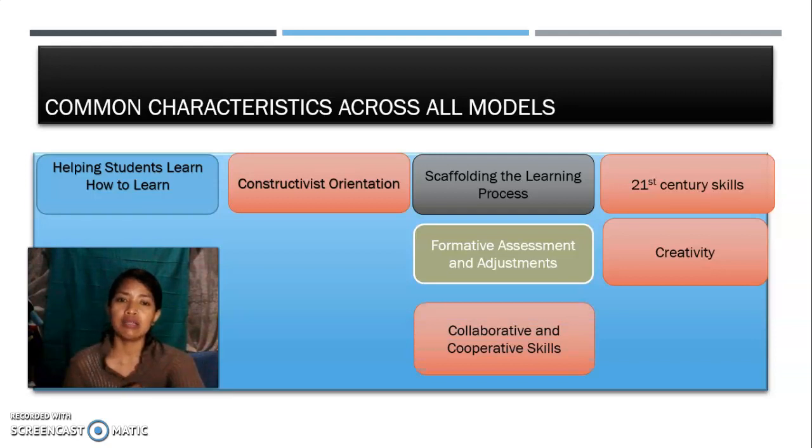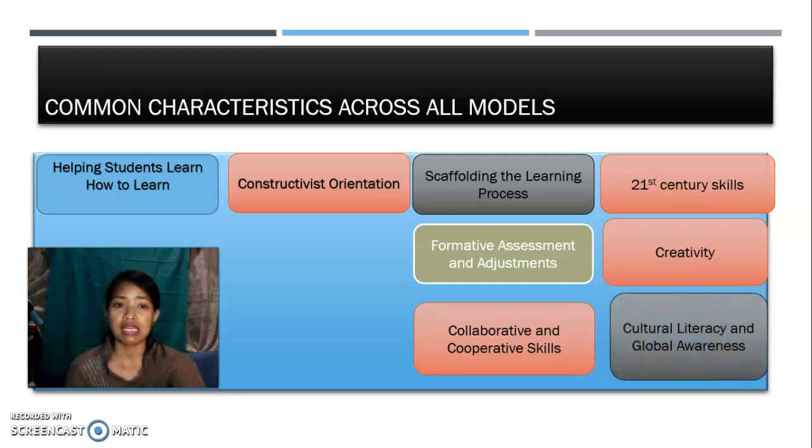And then the main activities in 21st century learning and the new paradigm teaching model are collaborative and cooperative skills, in which the students work in a group, have discussions, communicate ideas, respect others, and listen to someone speaking, and also increase their social awareness during the teaching and learning process.